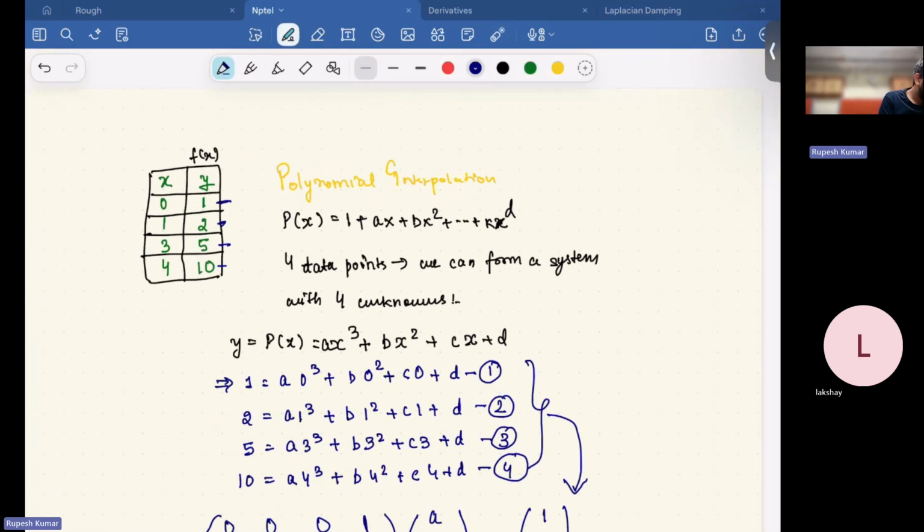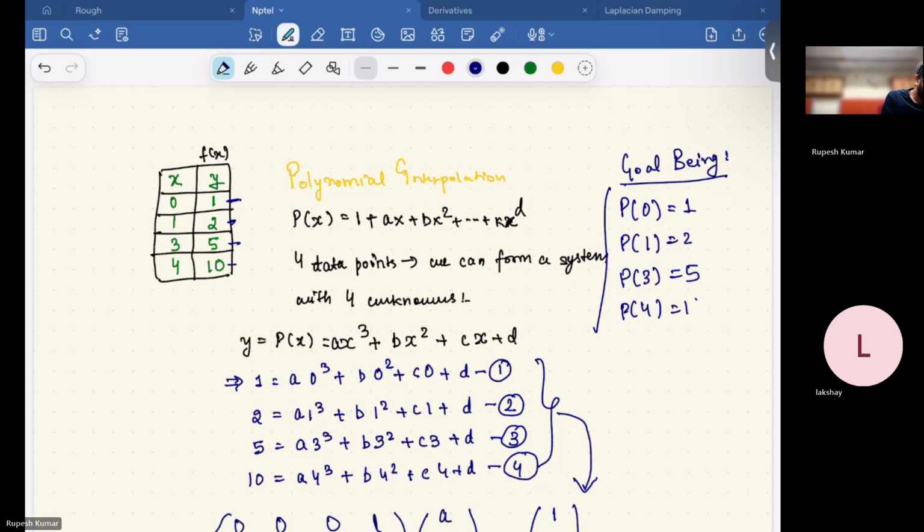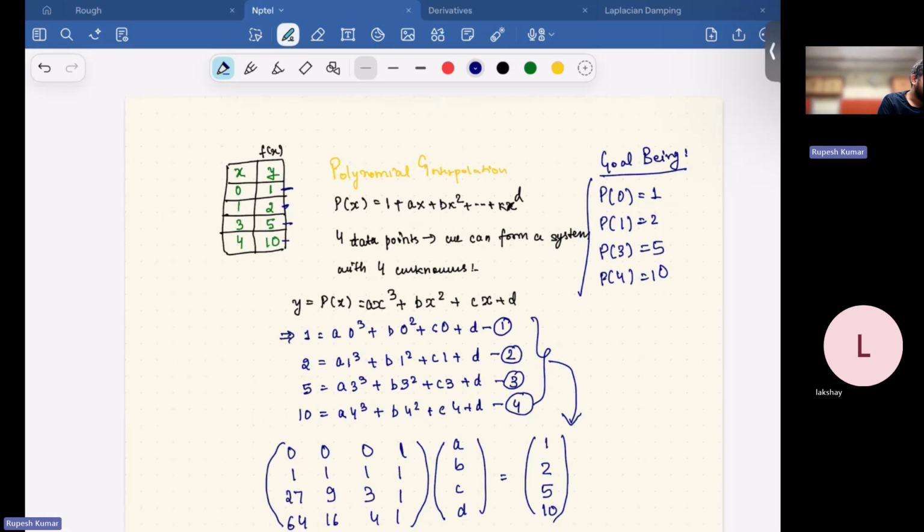Then the goal of the polynomial interpolation scheme is that for the given set of data points, p of 0 should be equal to 1, p of 1 should be equal to 2, p of 3 should be equal to 5, and p of 4 should be equal to 10. So we need to find a polynomial such that these conditions are holding, right? So can we find these polynomials?